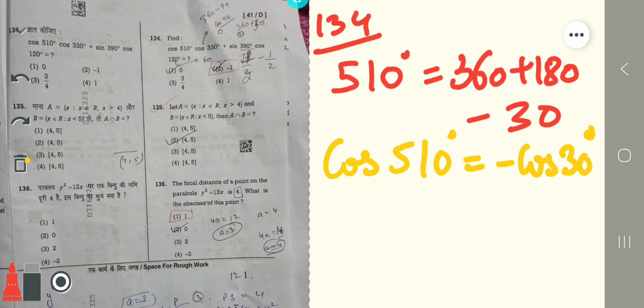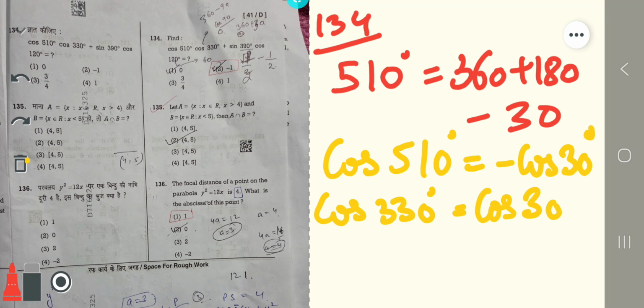Got my point? Similarly, cos 330 degree will become cos 30 degree. How? Because I can write it as 360 minus 30 degree, and as soon as I do 360 minus, it will go in fourth quadrant, and in fourth quadrant cos is positive, and no change is there when we subtract or add something to 360.